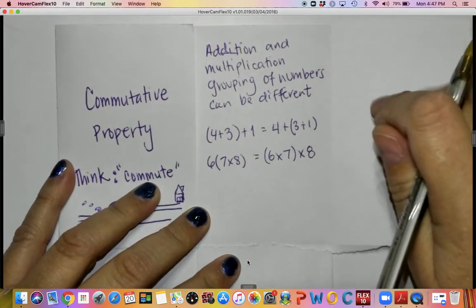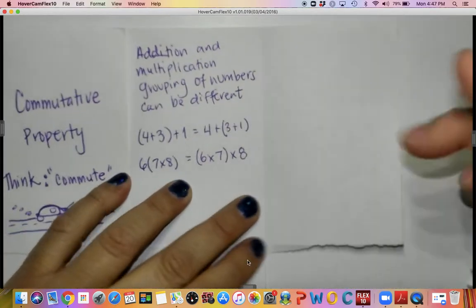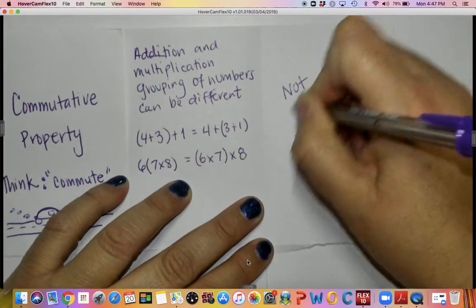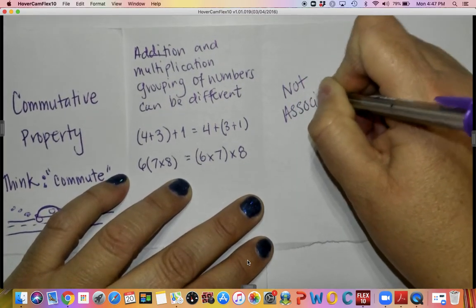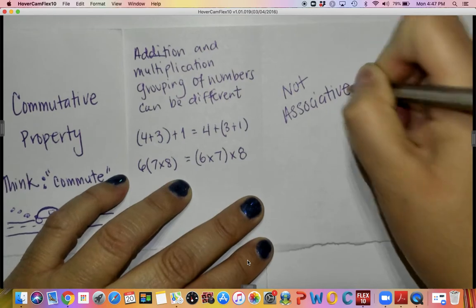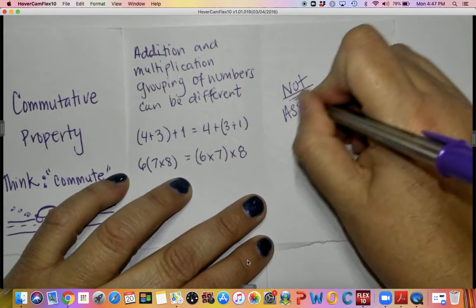I'm going to put it over here on my flap. Not associative. And I want you to see if you can figure out why when I write it. Not associative.